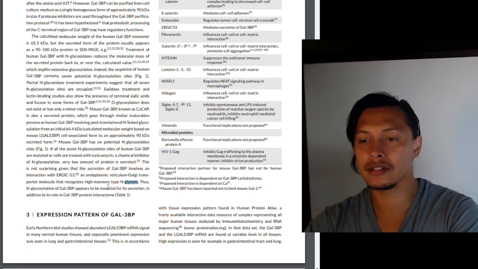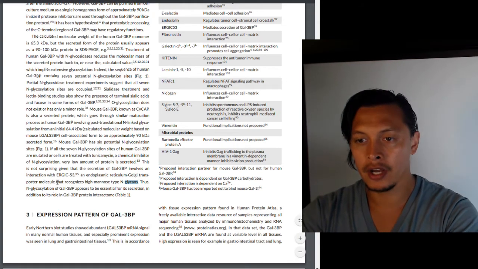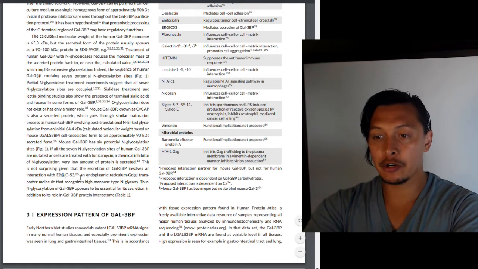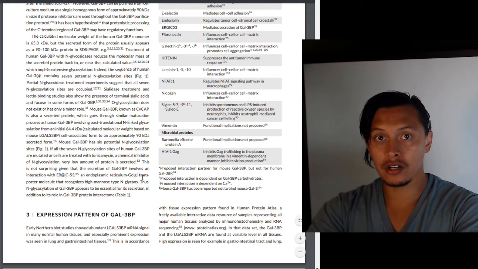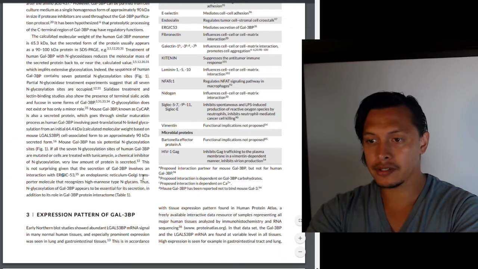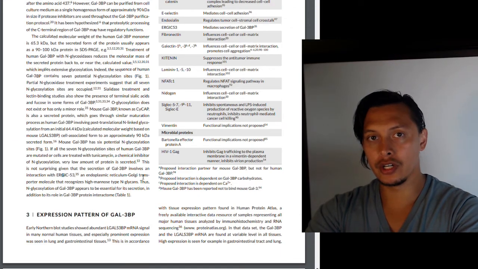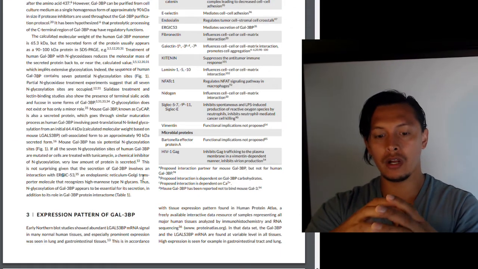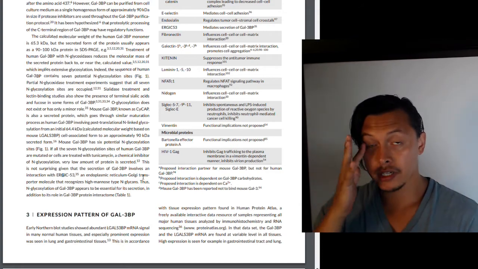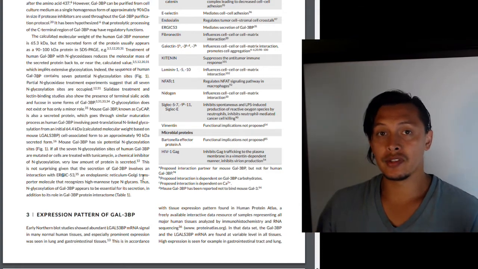Just know that this ERGIC53 is in the endoplasmic reticulum and Golgi apparatus, which is where a lot of proteins end up getting synthesized.